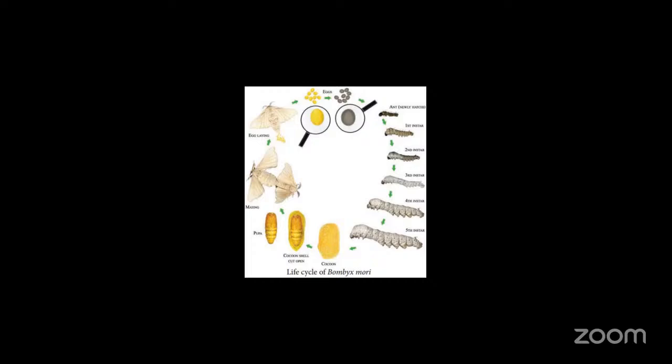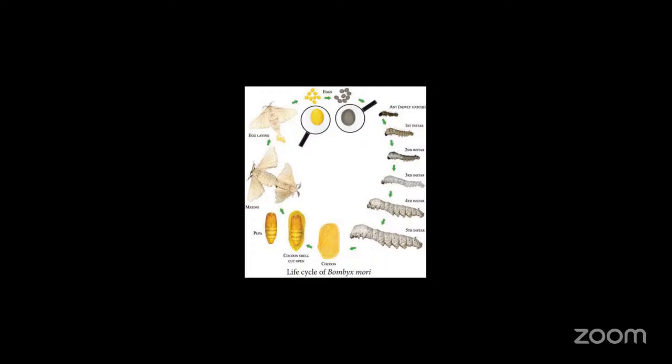Till emerging, the pupa will be alive, so before the adult emerges, we must take up the silk thread. Due to the boiling, the pupae die, and the silk filaments are then wound on a reel. The silk at this stage is known as raw silk.